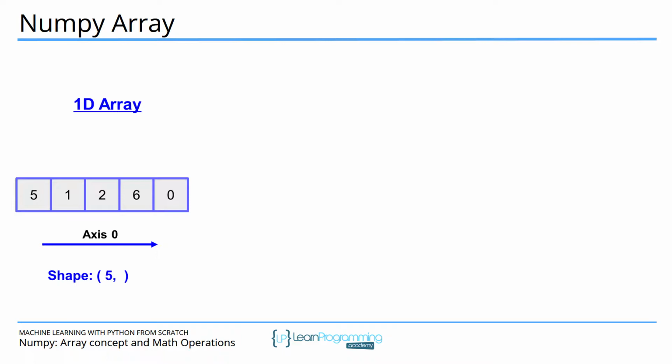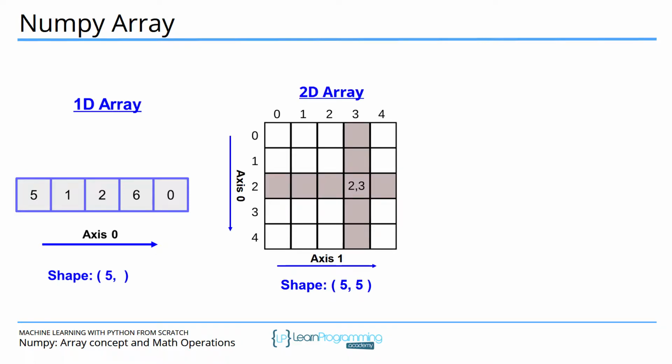This is a 1D array, but I can have a 2D array. A 2D array is a matrix with rows and columns. In this case, axis 0 represents rows and axis 1 represents the columns. So this point 2, 3 represents the intersection of row 2 with column 3.